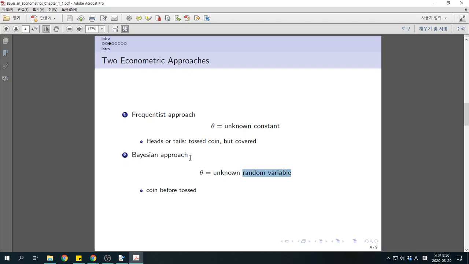Let me tell you the difference between the frequentist approach and the Bayesian approach. This is an example I always use. Let's think of heads or tails, a coin toss. I just tossed a coin, and I covered it very quickly so that nobody can see it. Then this coin, head or tail, is it known or unknown?